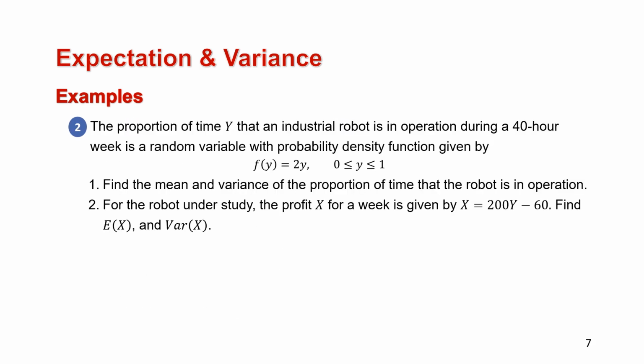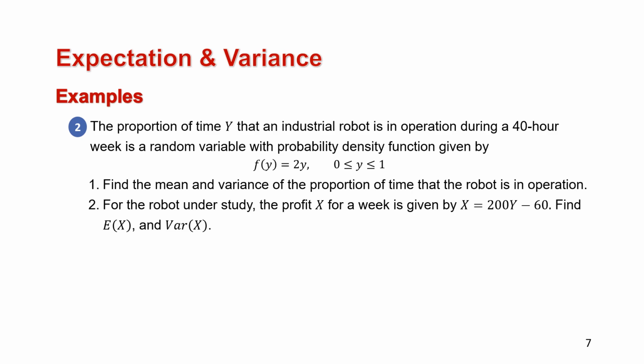Let's take another example. Example number 2. The proportion of time y that an industrial robot is in operation during a 40-hour week is a random variable with probability density function given by f of y equals y from 0 to 1.